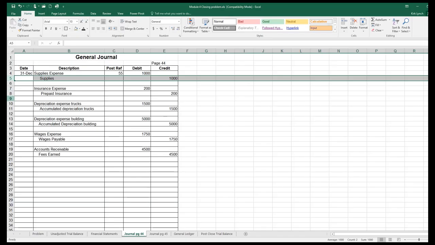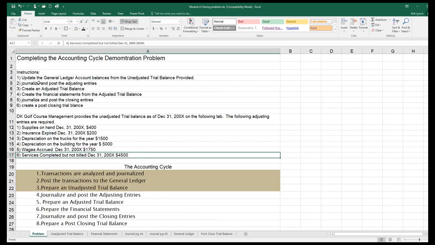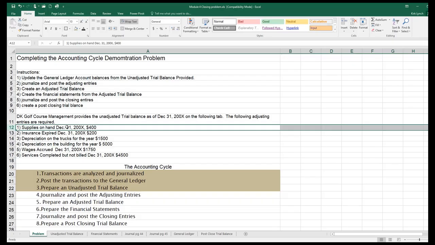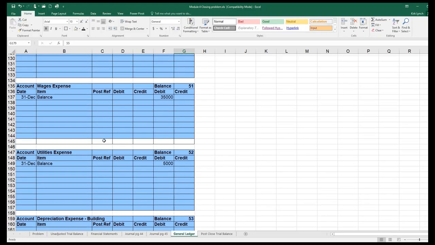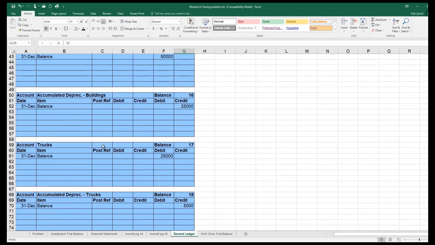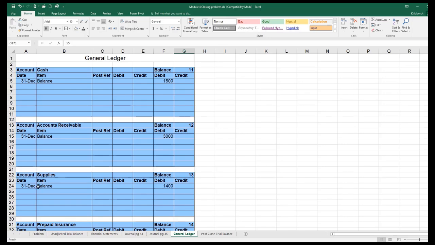We'll go down here to the supplies account and post a credit for $1,000. And just as a reminder, in this problem right here, it said as our first adjusting entry that supplies on hand is $400. And so after this adjustment, we expect the balance of the account to be $400. So when we go into our general ledger and we find the supplies account, it's up under the assets up here.